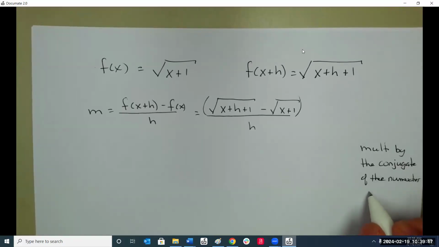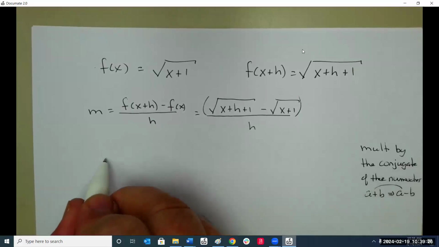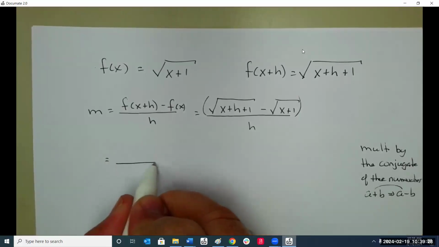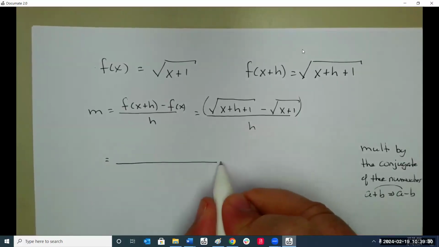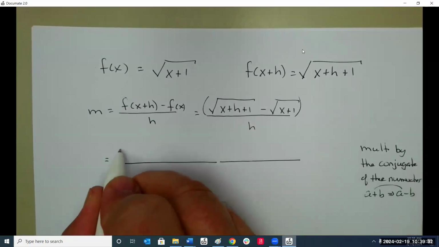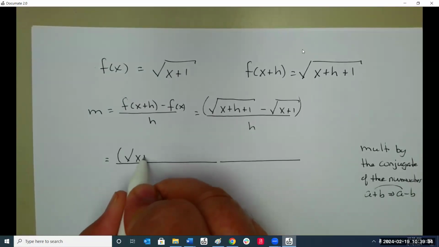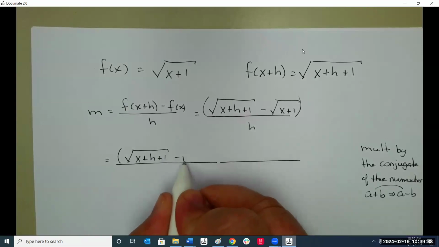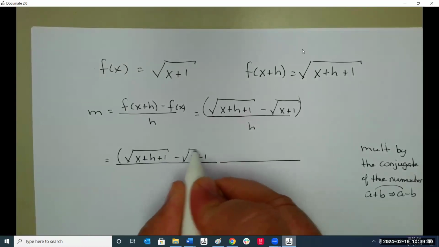The conjugate is if we have a plus b, the conjugate is a minus b. Just change the sign between there. So we have radical x plus h plus 1 minus radical x plus 1.